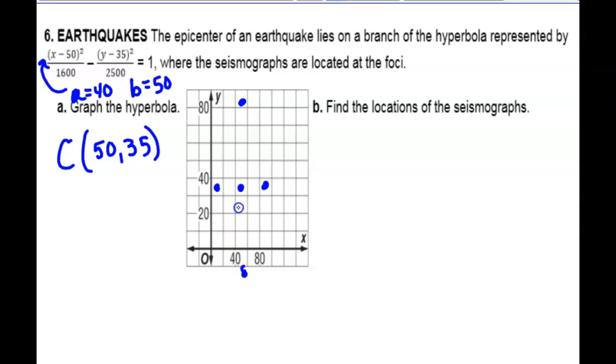Isn't that off the bottom? Okay. Which way is this opening? Okay, so it's here.